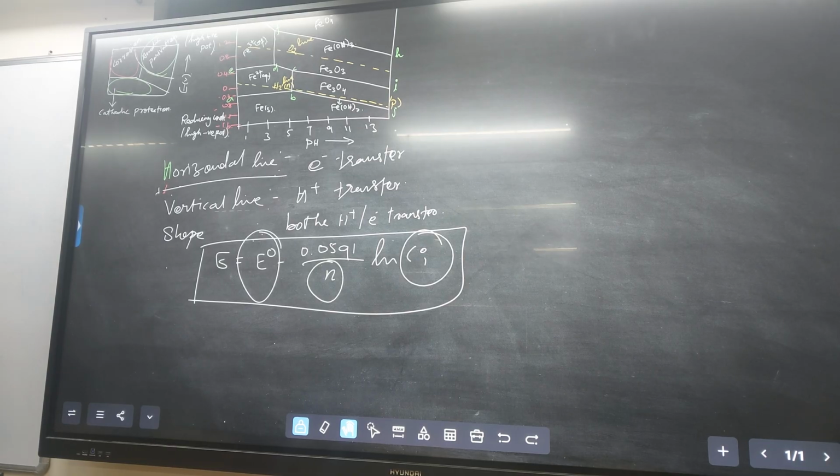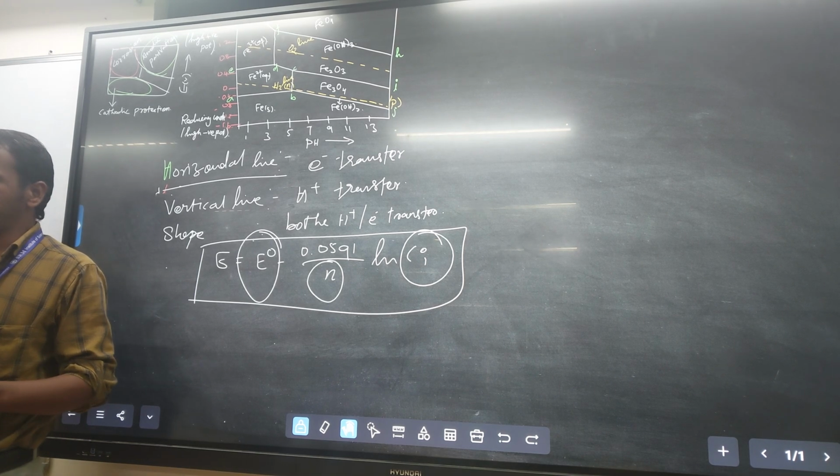The Pourbaix diagram helps us to determine the corrosion behavior of a metal in water. Normally we make the Pourbaix diagram at a low concentration of metal ion, because on a laboratory scale we take only a low concentration.